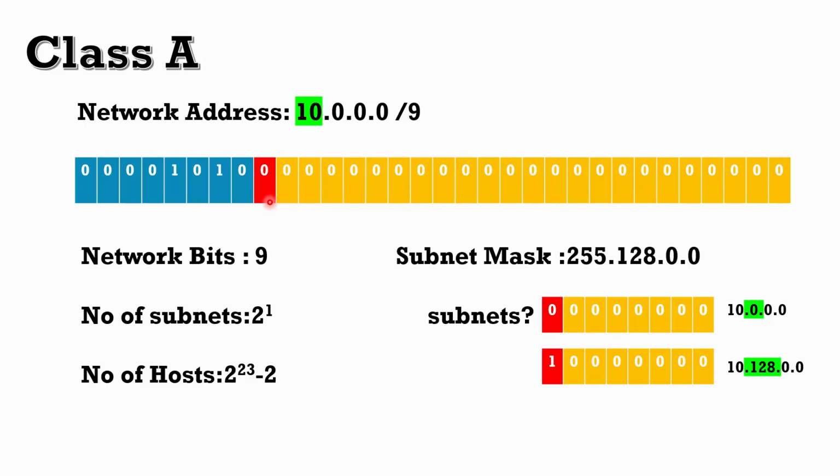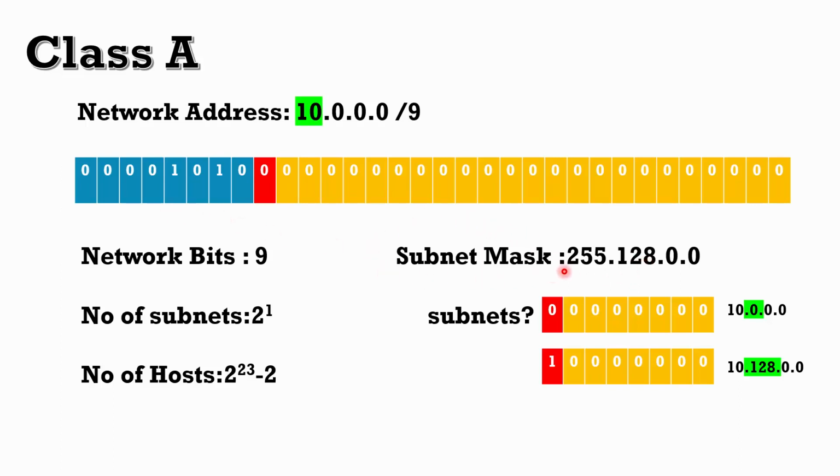For the network address, I have to mark network bits as 1. So here this red color bit belongs to the network side, therefore that should be 1. That means here 1 and 7 zeros means 128.